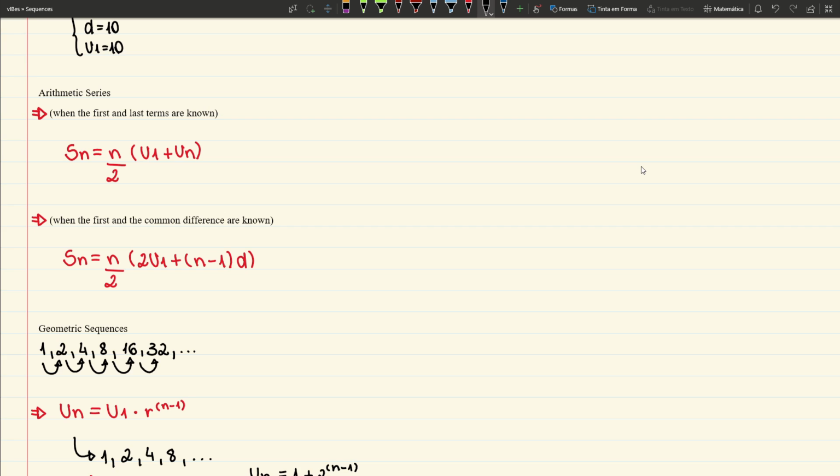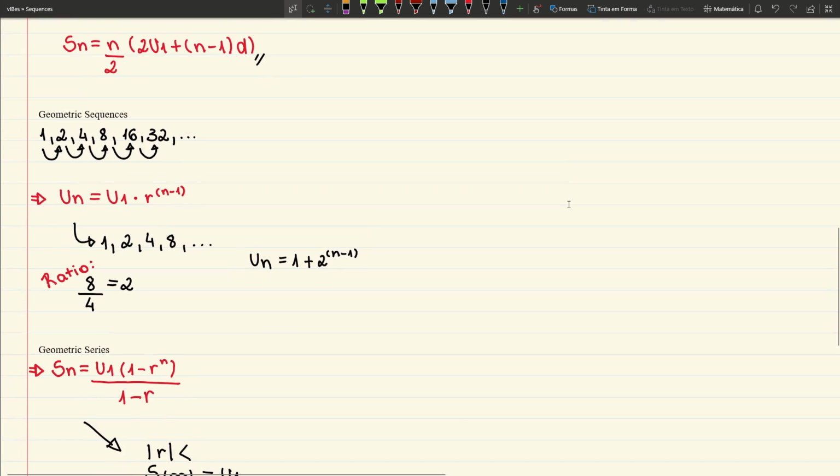The second way to find an arithmetic series is if we only know the first term and the common difference. So it's Sn is equal to n times (2 times the first term plus (n minus 1) times d), and all of that divided by 2. So those are the two formulas we have to find the sum of an arithmetic sequence.